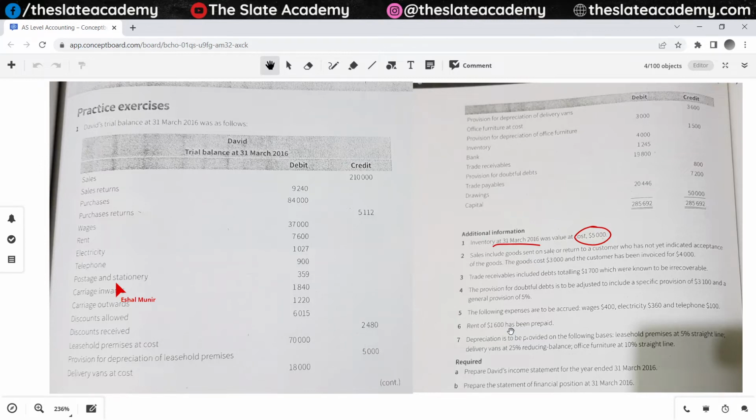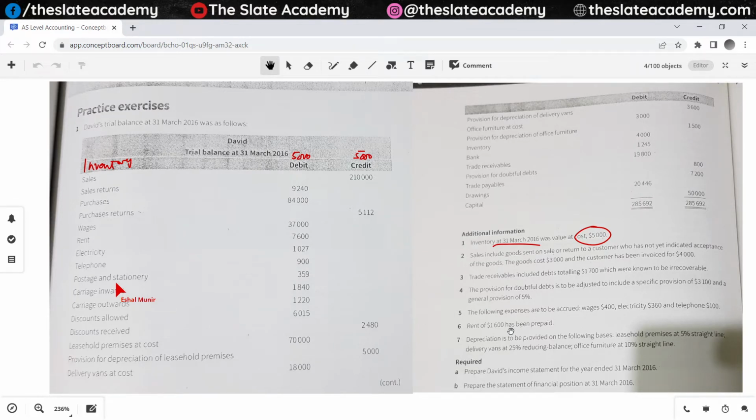And the debit side, when it appears in the financial statements, it goes to the statement of financial position. So I can write over here, for example, inventory 5,000 and 5,000.